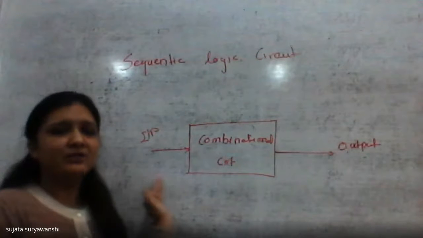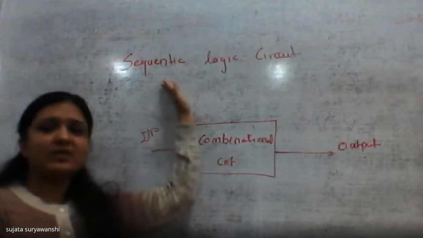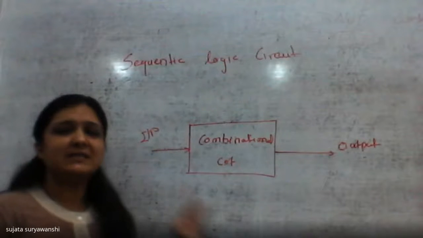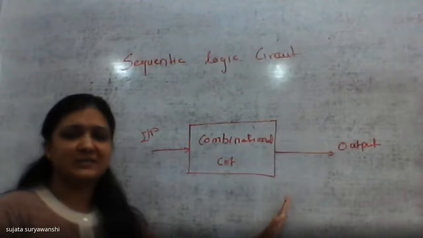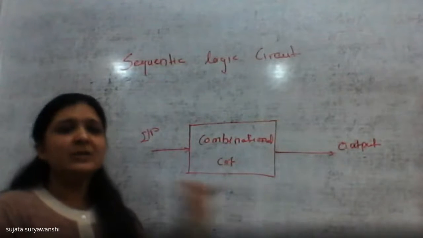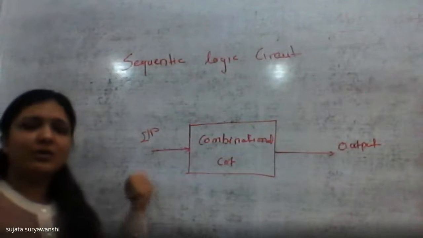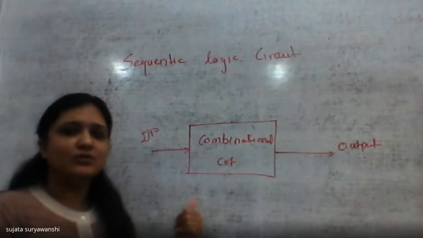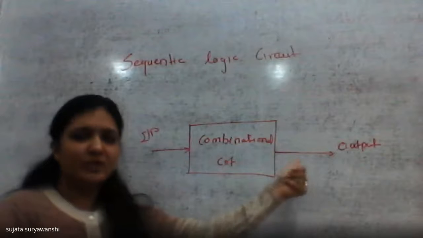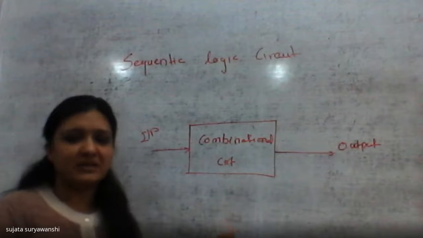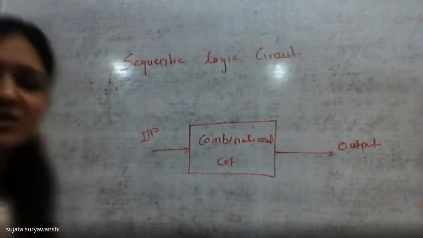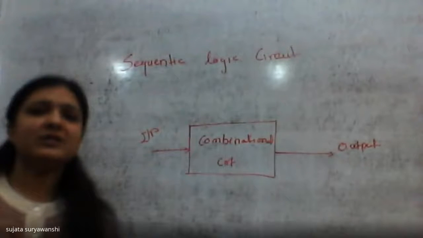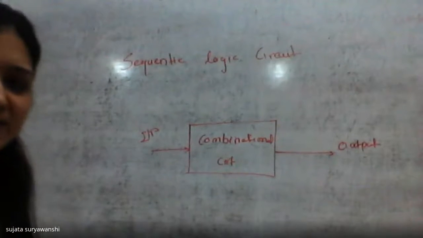But the output of a sequential logic circuit depends upon the present state of input and also the previous state output. To store the previous state output, we require a memory unit. The memory unit is very important in the sequential circuit. This is the difference between them.